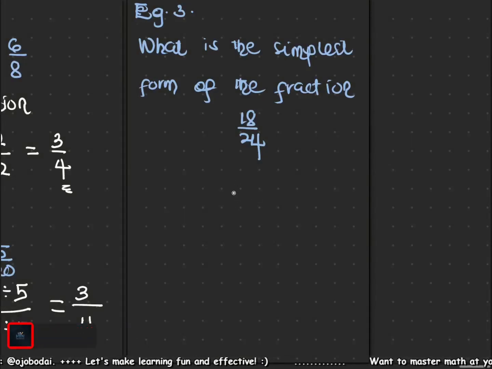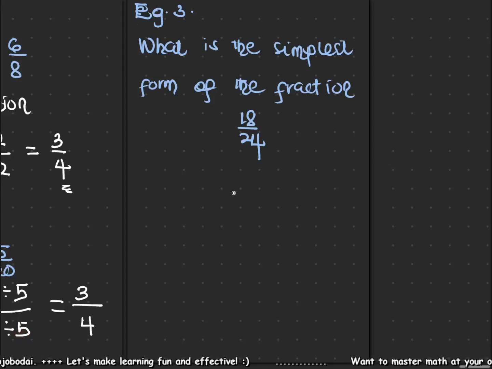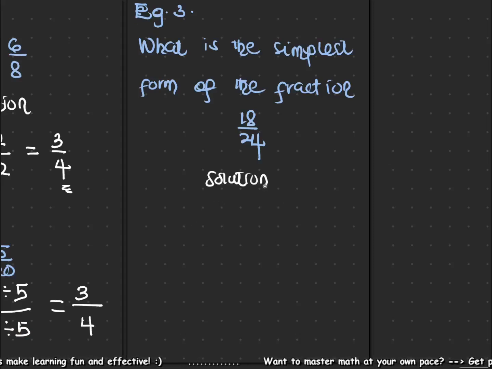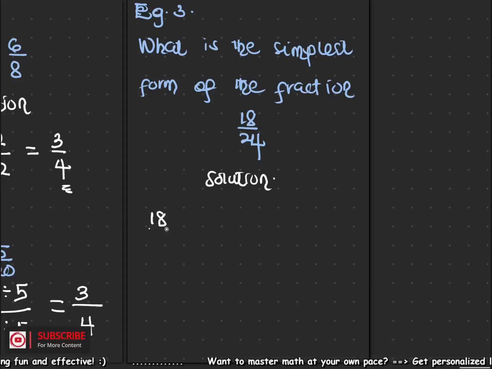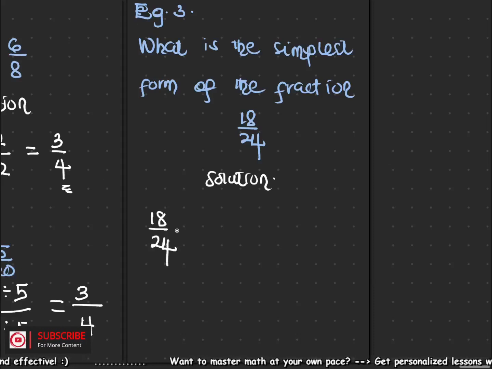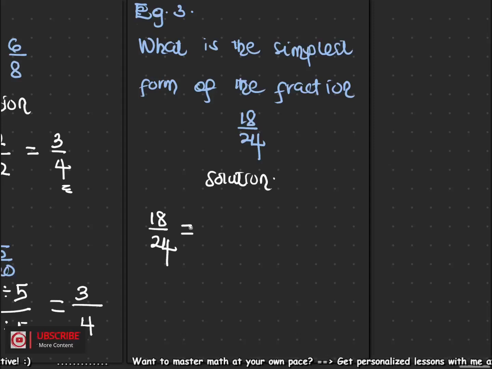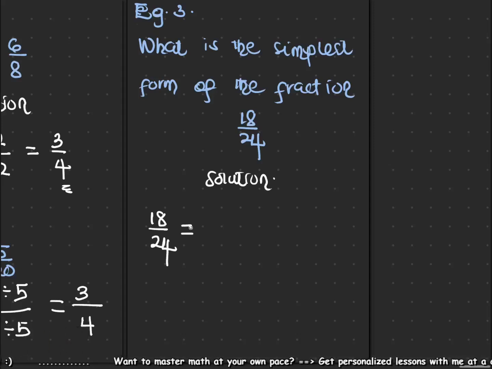You can pause this and quickly try it, or we can do it together. Okay, so we can now do it together. We have 18 over 24 and we want to write it in its simplest form. We ask ourselves, what are the numbers that can divide both 18 and 24?